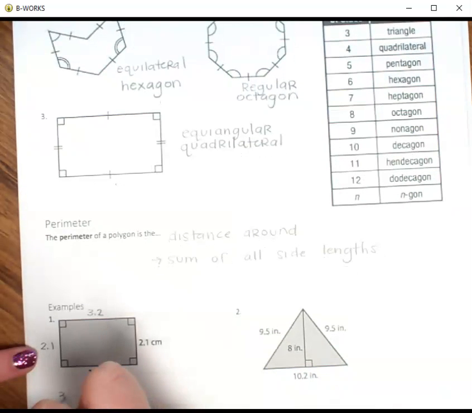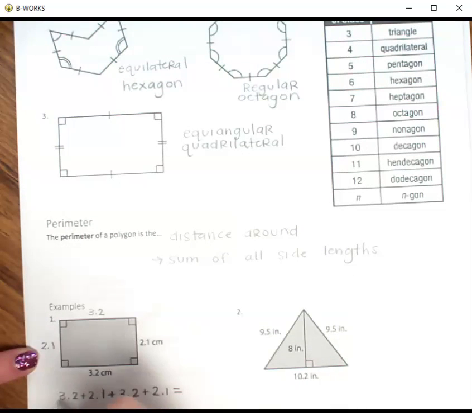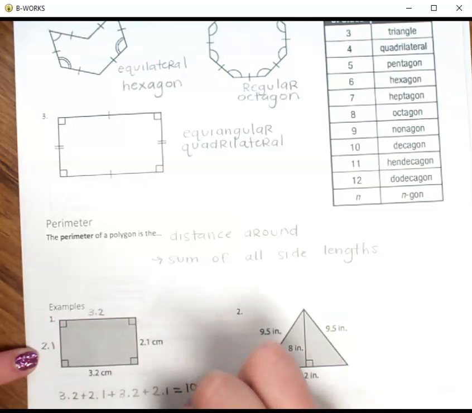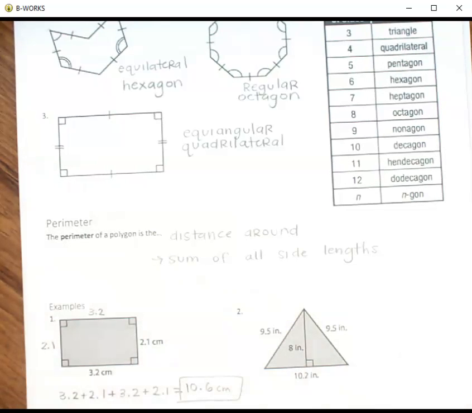So the sum of all side lengths, 3.2 plus 2.1 plus 3.2 plus 2.1 is 10.6 centimeters. So the perimeter of that rectangle there is 10.6 centimeters.